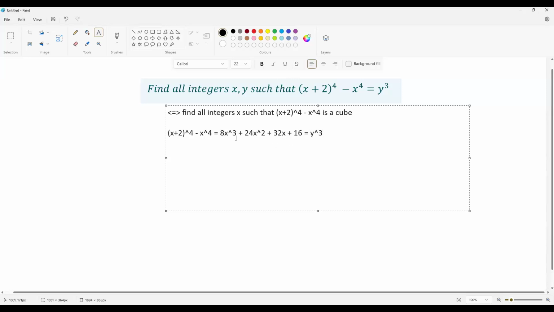Let me make sure this is correct. Yep. Okay, so that's the cube.